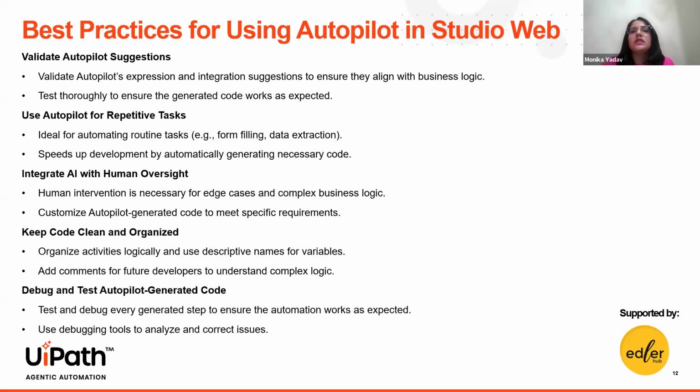Now, the next one is keep the code clean and organized. Maintainable code is the key, even in low code platforms like UiPath. The best practice is naming your variables or activities very descriptively, then grouping related actions using sequences or workflows.